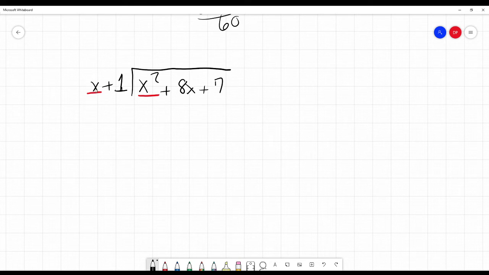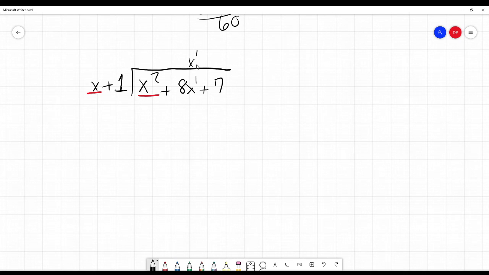In other words, x times what equals x squared? Okay, well, it's going to be x. X times x is x squared. So just like in the division algorithm for numbers, that number you're going to multiply, you're going to put it up here, and you're going to line it up in the appropriate column for degree. Also, all the x to the first you want lined up vertically.